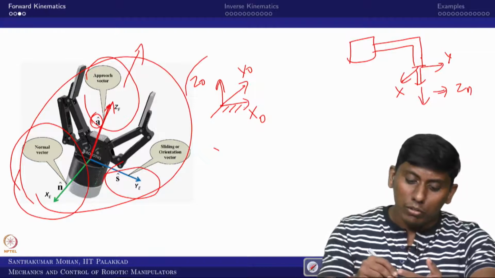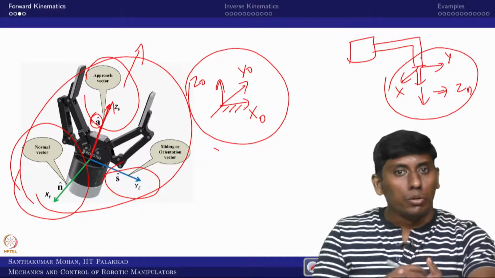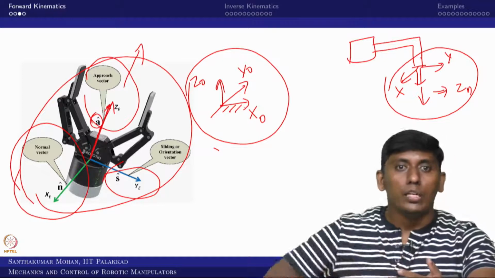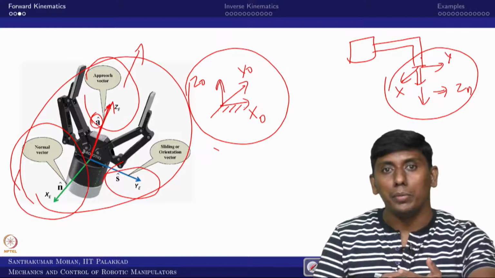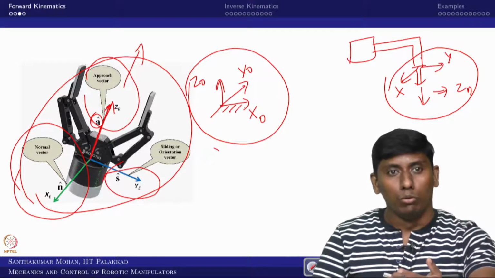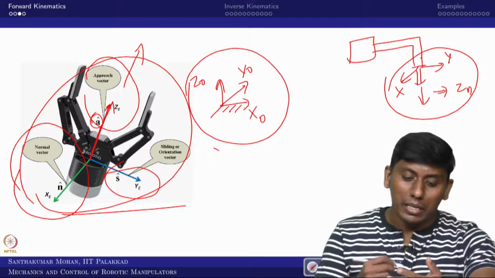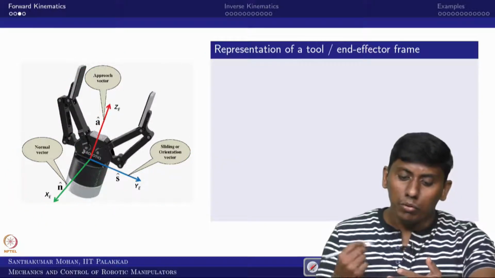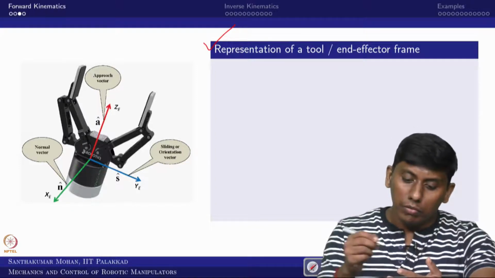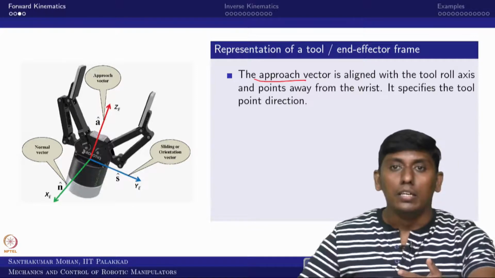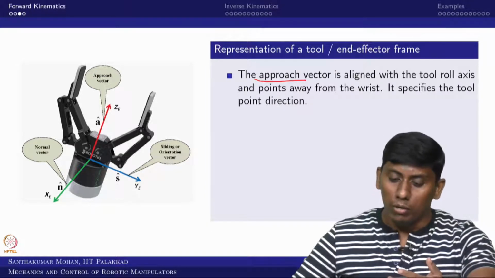Now you can see the base is standardized and the end is also standardized. In the middle you can take any convention, since finally you want the base to end information in a uniform form. That is the purpose of this attempt. To standardize the representation of a tool or end effector frame, first we make an approach vector aligned to the tool roll axis if it is a tool.